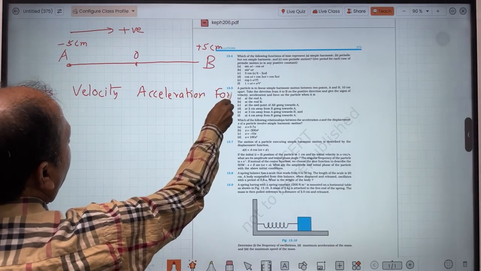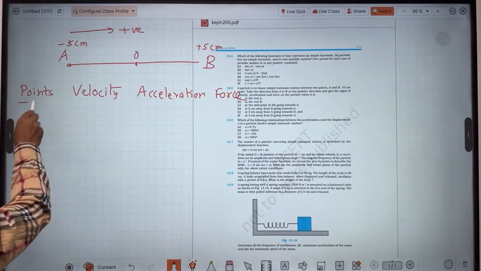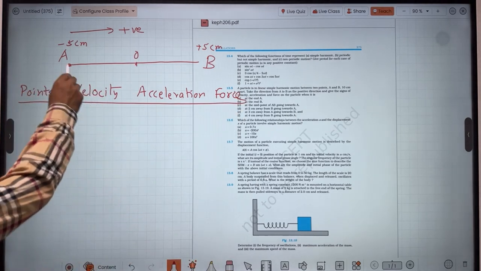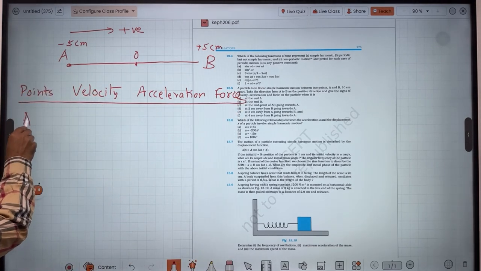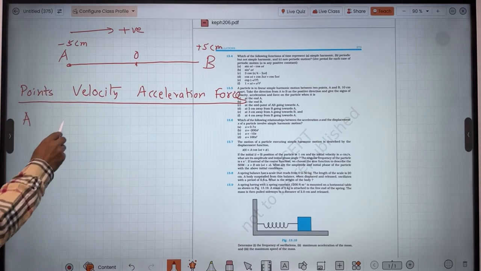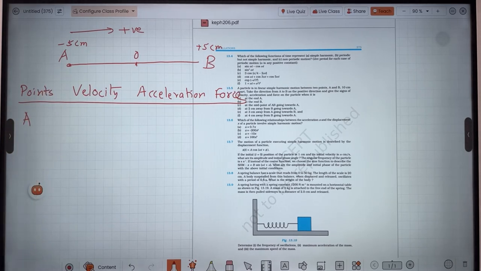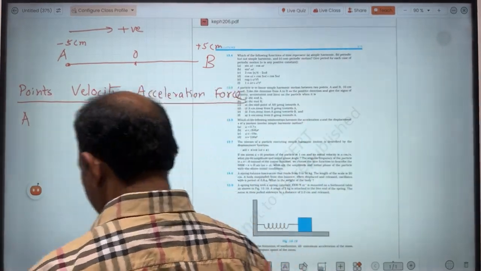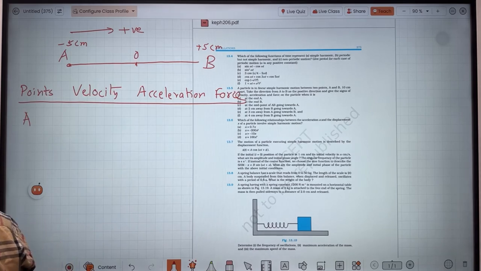So let's take different points, at the end A. When the object is here, what happens? Its velocity will be 0, right? But acceleration will be there. Here, what is our question? The question is asking us to tell the sign, right? So we can easily tell.